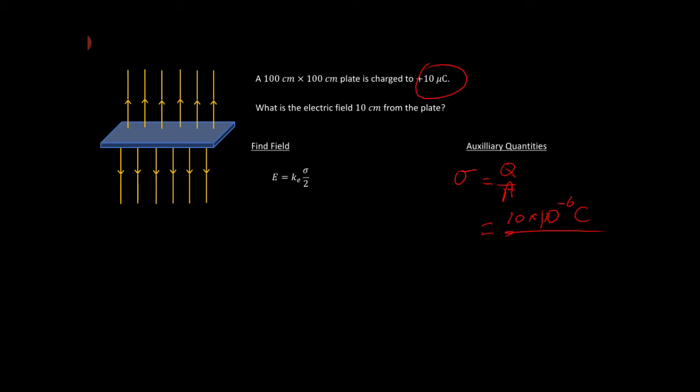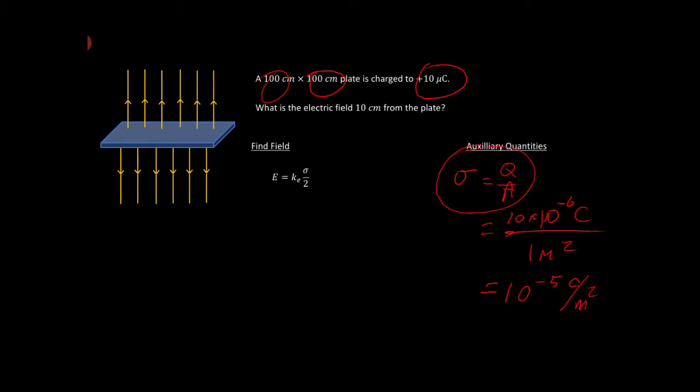And the area is 100 centimeters by 100 centimeters, which is 1 square meter. So that just means 10 times 10 to the minus 6 is 10 to the minus 5 coulombs per meter squared. So that's not a really horrible thing, but that's how you get your surface charge density.